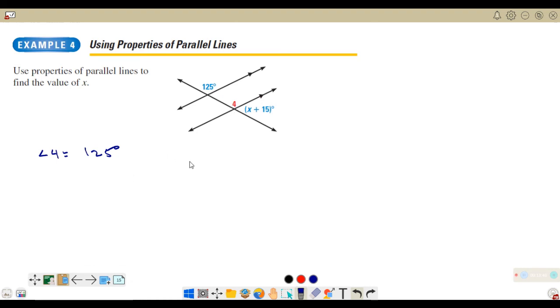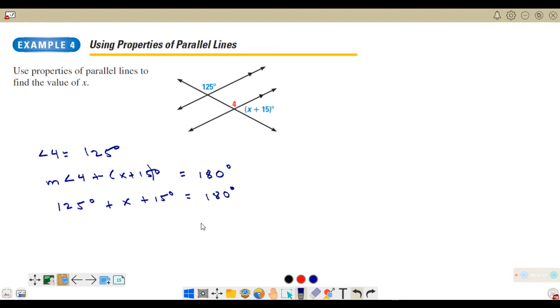Next, measurement of angle 4 plus x plus 15 degrees is equal to 180 degrees. Ano yung reason natin dito? Linear pair postulate. Substitute natin 125 degrees plus x plus 15 degrees is equal to 180 degrees.